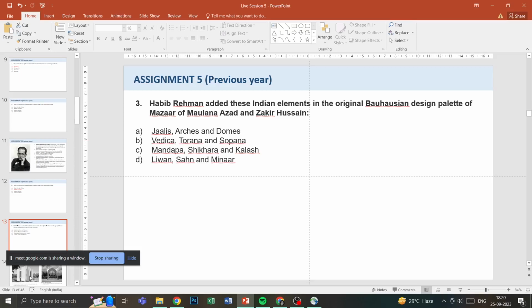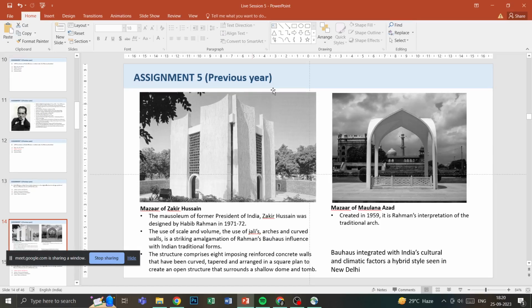So we'll just see how these both buildings look. The first image is of the mazar dedicated to Zakir Hussain, and the second picture is the mazar of Maulana Azad. The mausoleum of former President of India, Zakir Hussain, was designed by Habib Rahman in 1971 and 72.